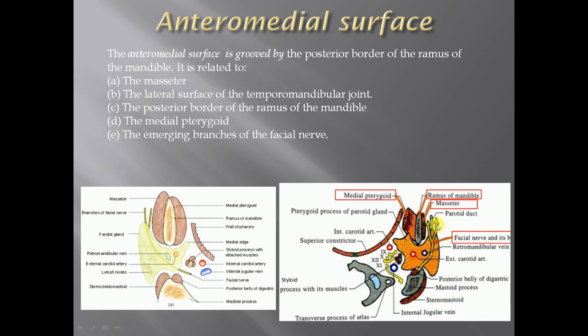So the anteromedial surface consists of five relations: the masseter muscle, the lateral surface of the TMJ, the posterior border of the ramus of the mandible, the medial pterygoid, and the emerging branches of the facial nerve.